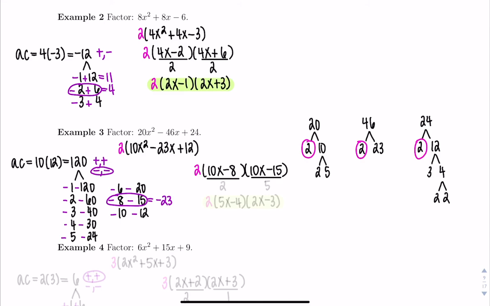So between 10 and 8, we can divide out a 2. And between 10 and 15, we can divide out a 5. So we get 2 times 5x minus 4 times 2x minus 3.